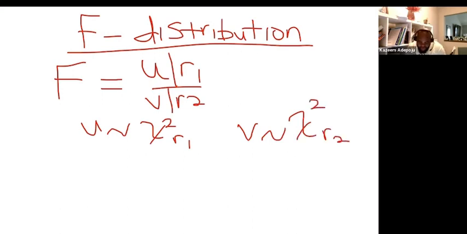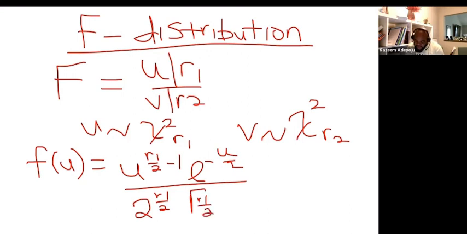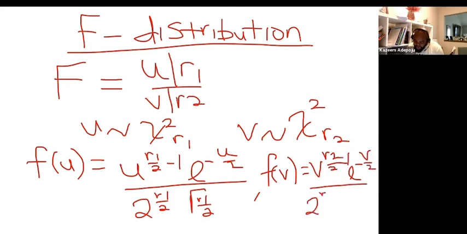Now f of u is u raised to power r1 over 2 minus 1, times exponential of minus u over 2, divided by 2 raised to power r1 over 2 times gamma of r1 over 2. And f of v is v raised to power r2 over 2 minus 1, times exponential of minus v over 2, divided by 2 raised to power r2 over 2 times gamma of r2 over 2.